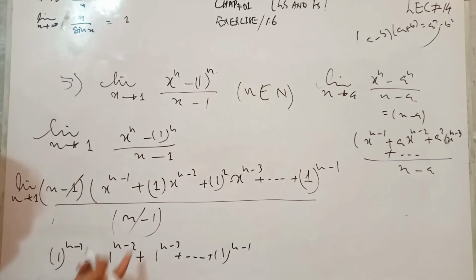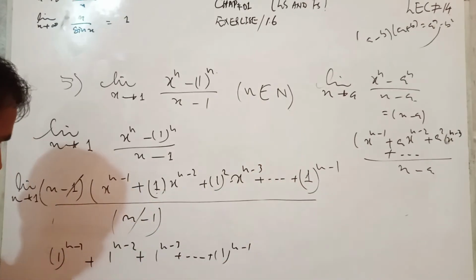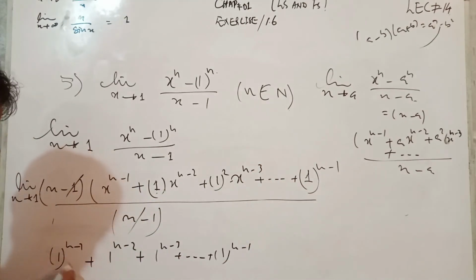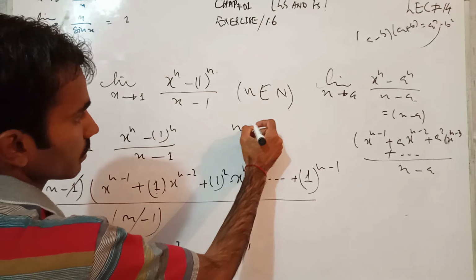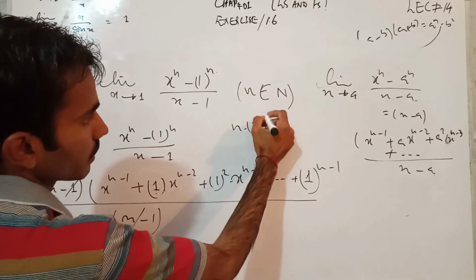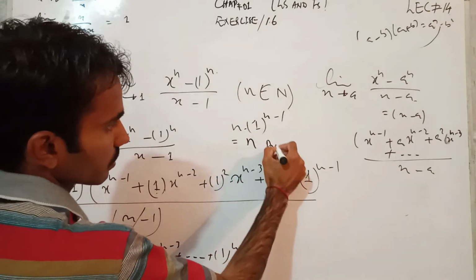So this is 1, 2, 3, 4, we will multiply n, and 1 power anything is 1, so n is the answer. It would be n times 1 whole power n minus 1, which is n. This is the answer.